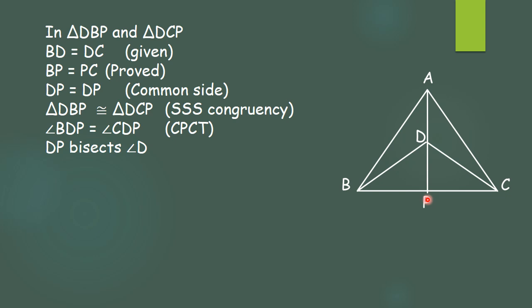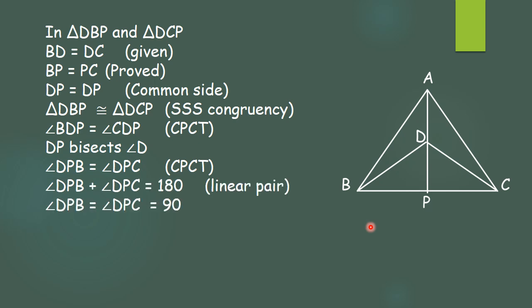Now for the fourth part, it is a perpendicular bisector. Bisector means it divides, that is already proved. But to prove it is perpendicular, as these two triangles are congruent, angle DPB will be equal to angle DPC by CPCT. But what about these two angles? They form a linear pair because this is a straight line, so the total will be 180.